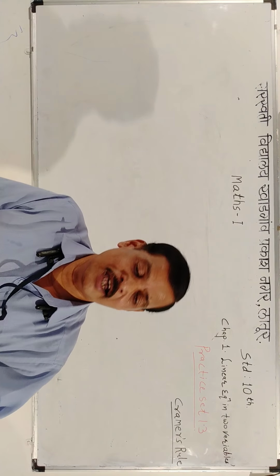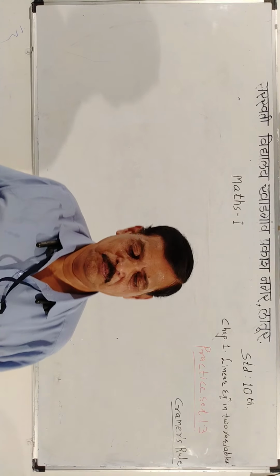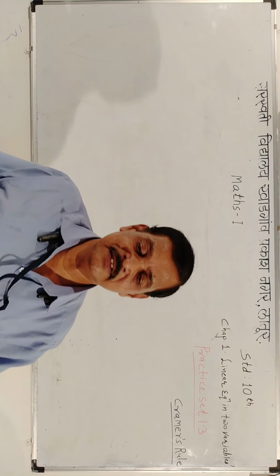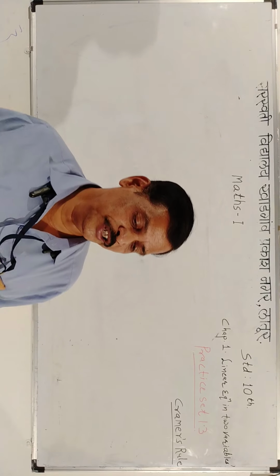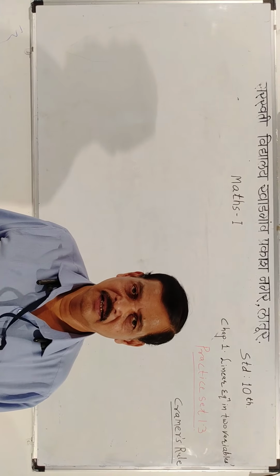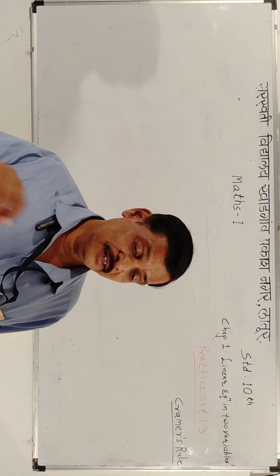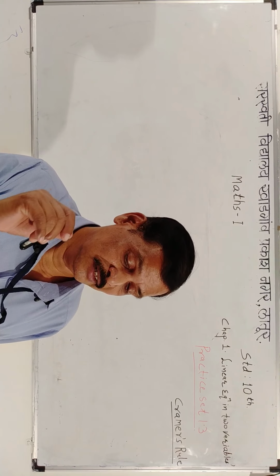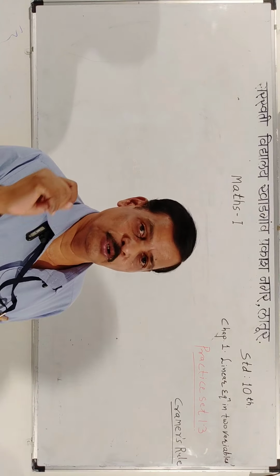This rule is called Cramer's rule, and Cramer is the mathematician who discovered this method, and therefore the method is called Cramer's rule.